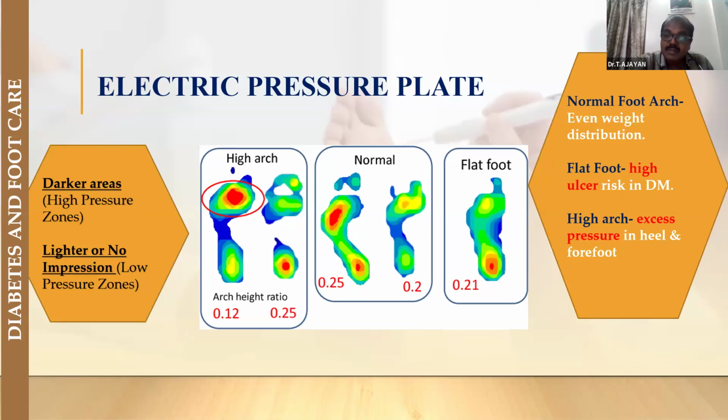The weight distribution is equally distributed. But in flat foot there is high ulcer risk in diabetes mellitus, and in high arch also, there is excess pressure on the heel and forefoot. Therefore, this electric pressure plate is helpful to work out the pressure areas. Once we identify the pressure areas, we advise the patient on the needed precautions.